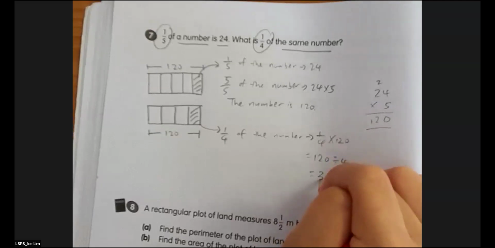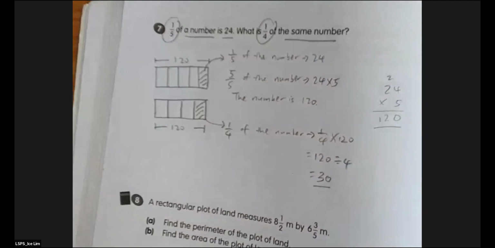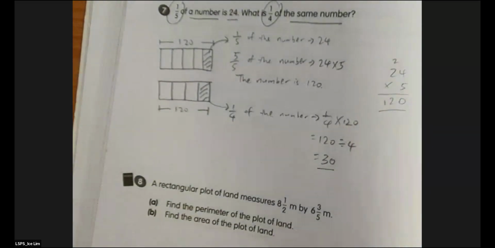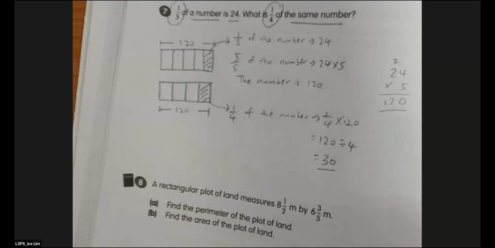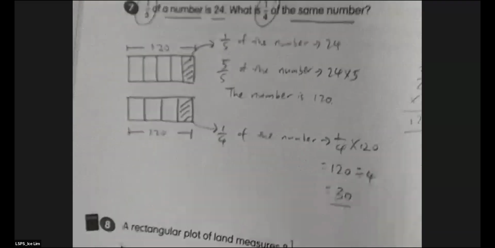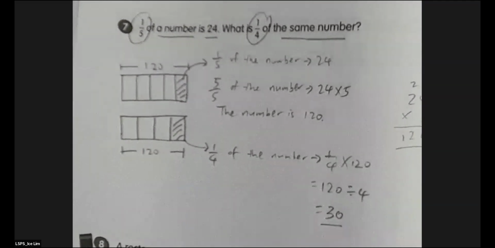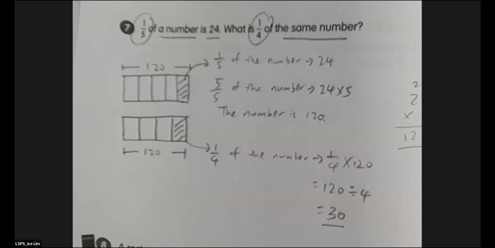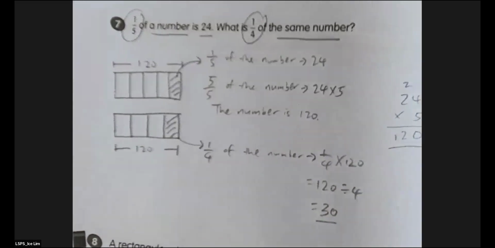This time round, the answer is 30. The same number. This is not the number. This is the number. Okay, hold on. You got it? So 1/4 is 24. 1/4 of 100, yeah, no problem.